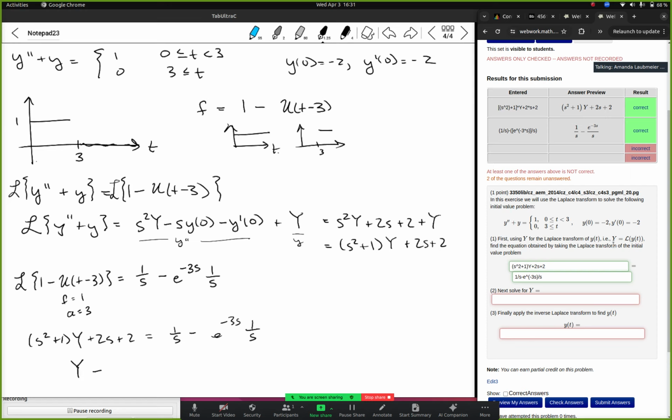Or big Y is equal to 1 over s minus e to the minus 3s times 1 over s, minus 2s minus 2, all of that over s squared plus 1. Yep, that looks right so far.